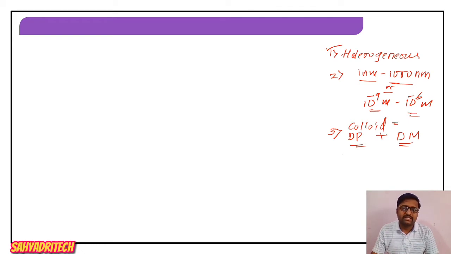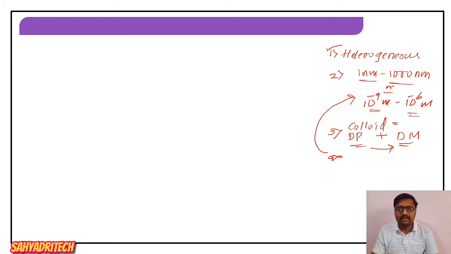So what is the dispersed phase? These are the substances which are dispersed in another substance. Dispersed phase means these particles are present in less quantity and their size will be in the range of 1 nanometer to 1000 nanometer.